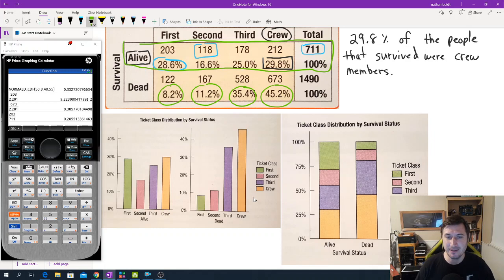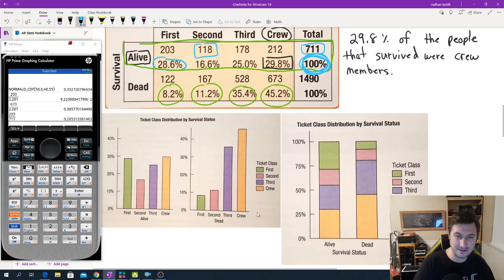The segmented bar chart takes these percents and stacks them on top of each other, and each bar will, of course, have to equal 100% because the left bar here is all the people that survived. So here is the distribution of all the people that survived, and here's the distribution for all the people that didn't. And it has to have a good key over here so you know what each bar and box means.